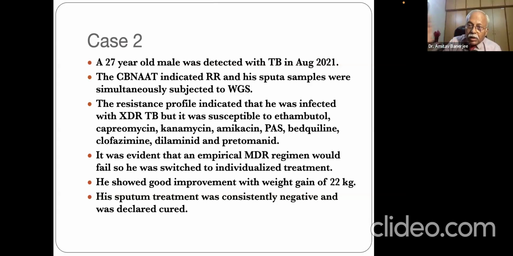So it gave a complete profile of susceptibility of which drugs will work. It was evident that an empirical MDR regimen, multi-drug regimen, would fail. So he was switched to individualized treatment.